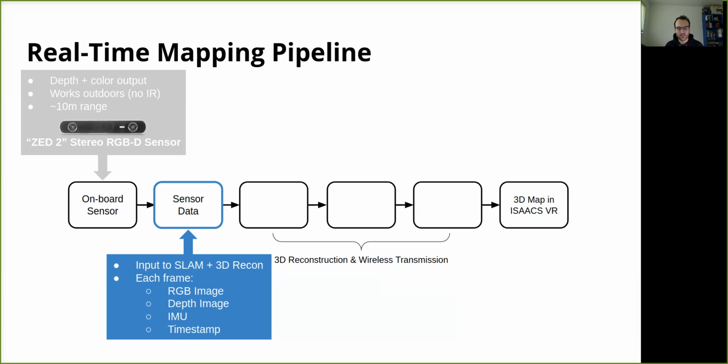And this data comes quite often. We do need it to be quite frequent, so our SLAM algorithm will work correctly and be able to capture the pose of the drone and the sensor attached. So we're going to go with a 30 hertz rate for now, which I'll explain later how we chose that.